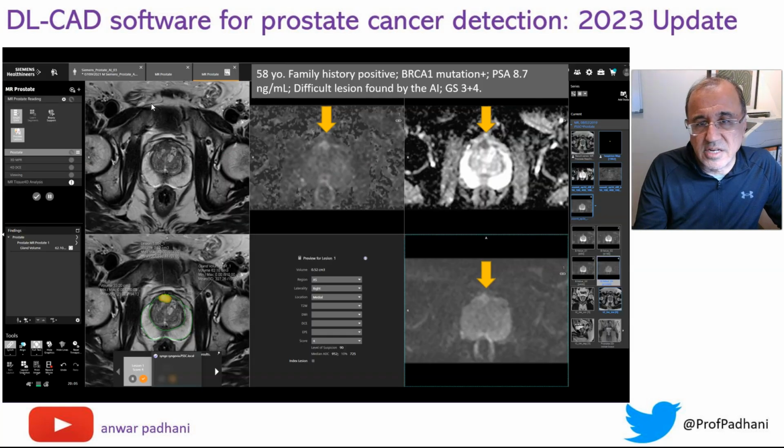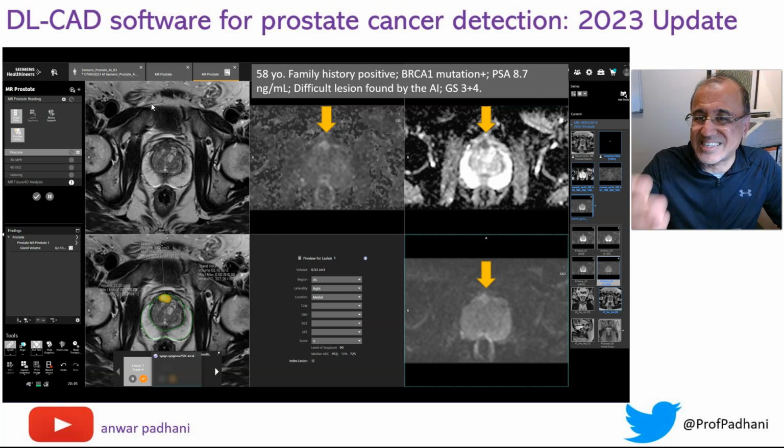So here, for example, is an AI that is an assistant. Now you can see that lesion that I've highlighted in the front. This lesion might be quite difficult to identify prospectively, but the AI goes, look over here. And you can see how it's assisting you, and it's also providing, of course, regions of interest, including outlining of the prostate gland.